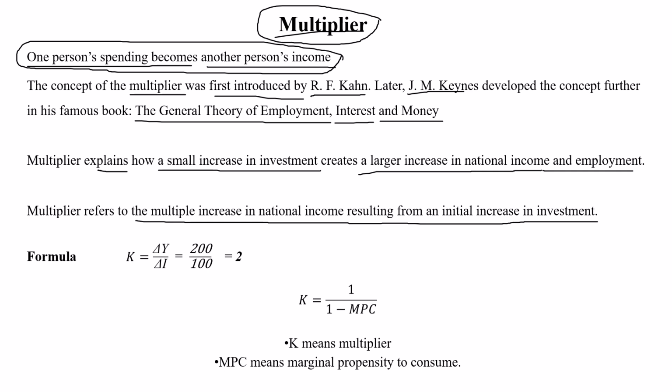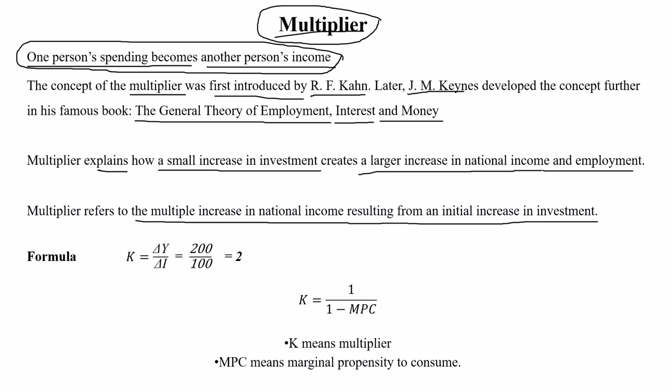The multiplier concept mainly tells us how the income level increases due to an increase in the initial investment, or how that initial investment creates a multiple, larger amount of income.